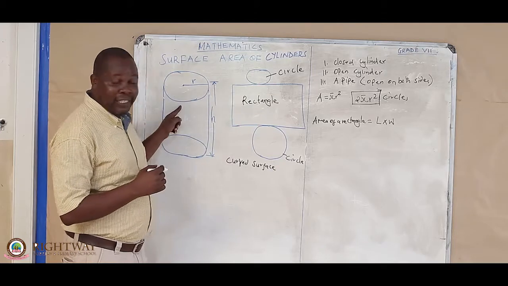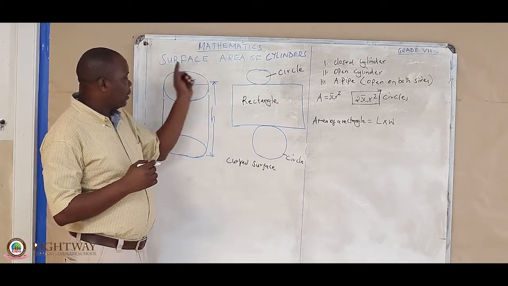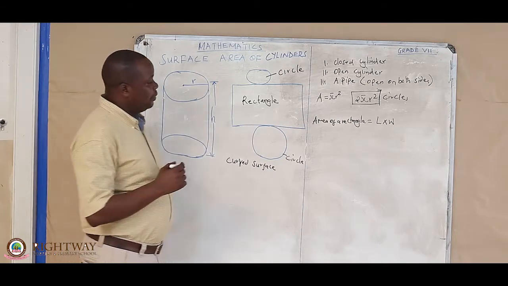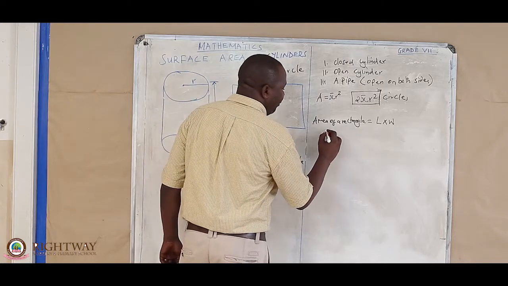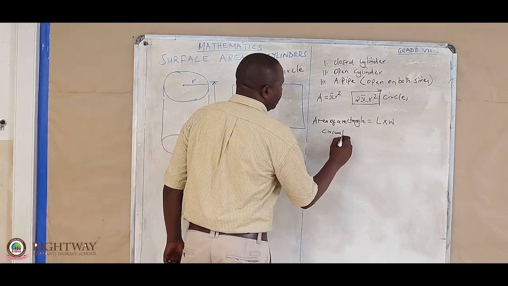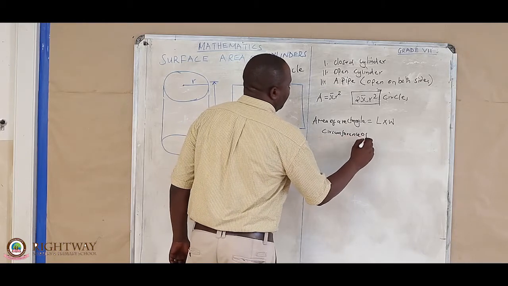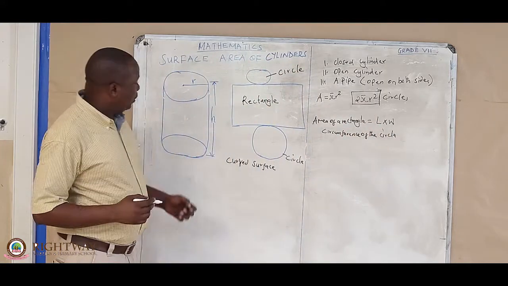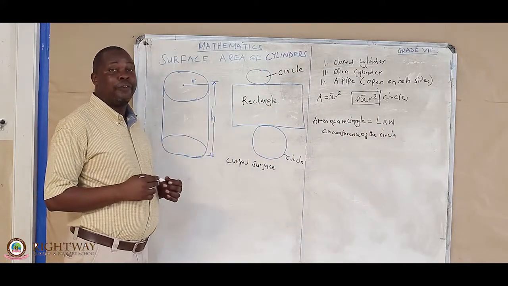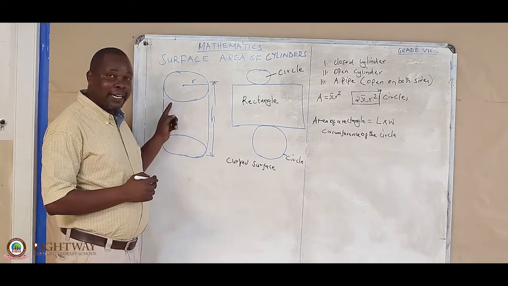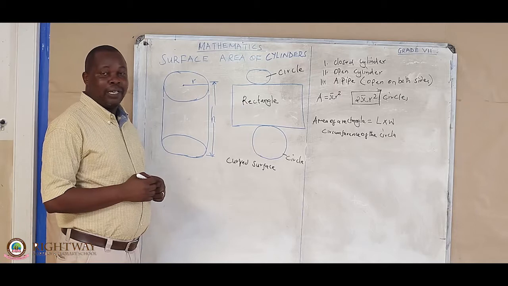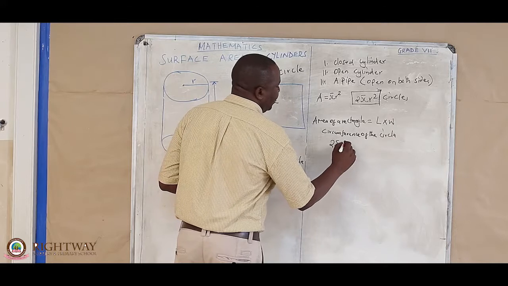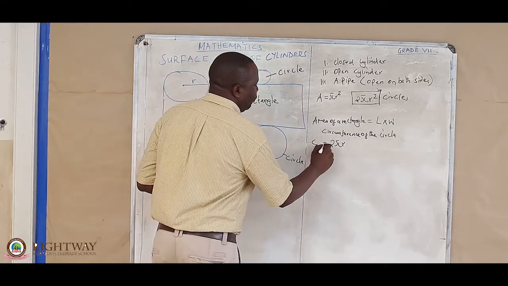When it's on the cylinder, it is in the form of a curve, so the length becomes the circumference. So the length of this rectangle, which is on the cylinder, is the same as the circumference of this circle. And we know circumference of a circle is 2 pi r.